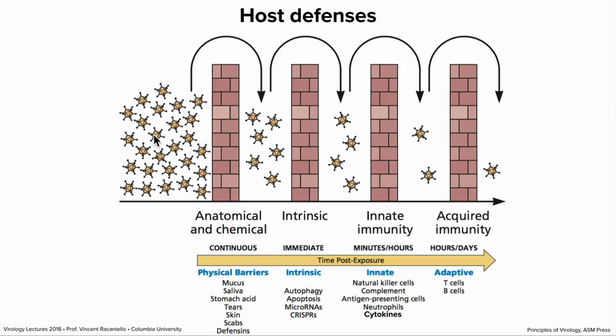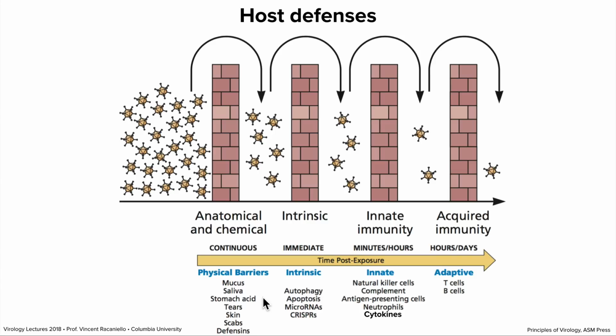We start today with a consideration of the first three walls, and that's anatomical and chemical defenses, intrinsic defenses, and innate immunity. Anatomical and chemical defenses are always present. These are basically physical barriers like mucus, saliva, stomach acid, tears, skin, scabs, defensins.